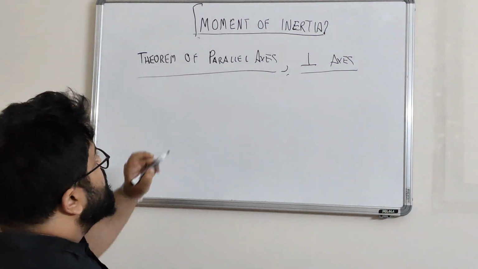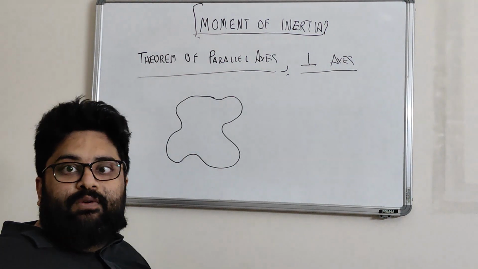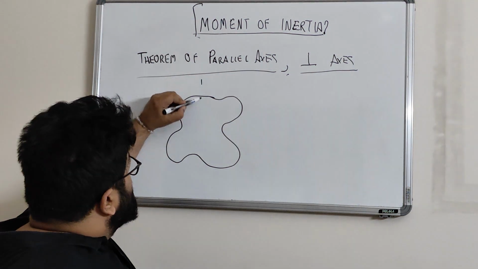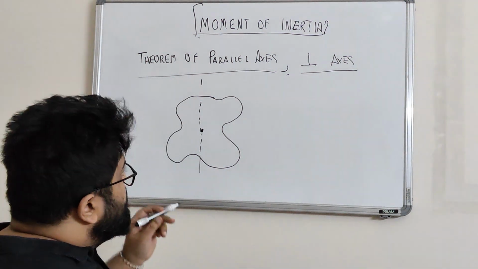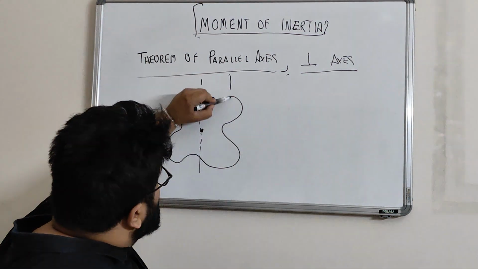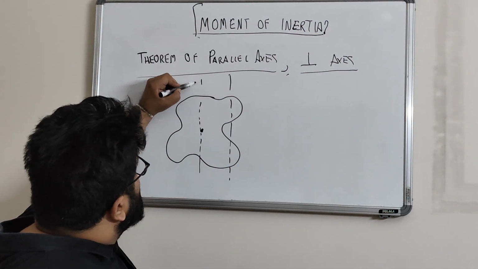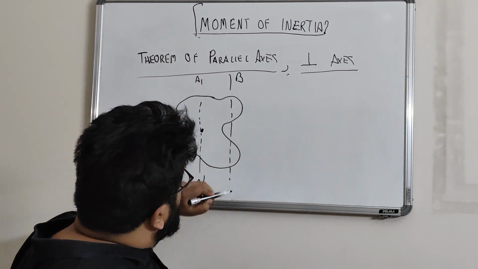So imagine for a continuous mass distribution, the moment of inertia is passing through the center of mass, okay, and another axis is just parallel to this axis of rotation. Let's call it this one A dash, and let's call this one B dash.